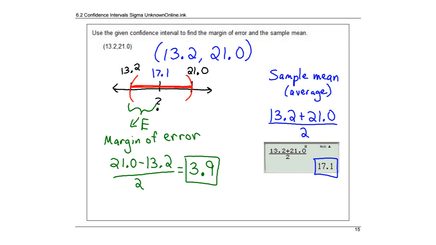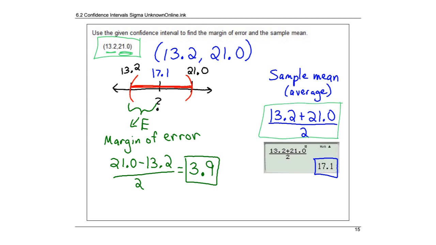All right, here's the last problem we're going to look at today. They gave me a confidence interval. They gave me that the lower end is 13.2, the upper end is 21.0. And they want to know both the margin of error and the sample mean. So we have a couple choices here. I like to find the mean first. So what I do is I find the average, right?